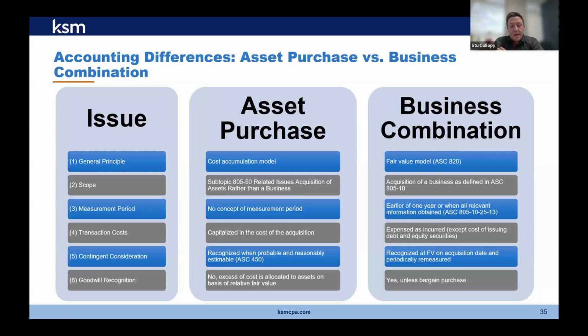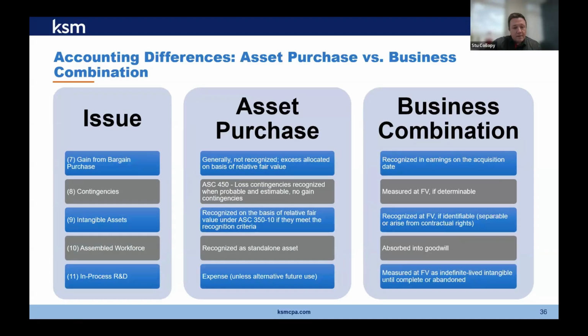So if the acquired company needs to meet a certain EBITDA 1 year out, then you would record it the date of the acquisition, but then that 1 year out, you would go and remeasure because at that point in time, you would be able to determine if they met that EBITDA threshold. Goodwill is typically going to be recorded under a business combination, but you are not going to typically see goodwill recorded under an asset purchase.